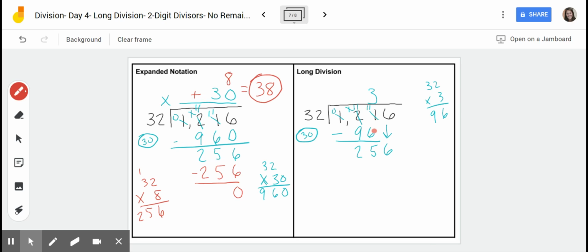And I know that 32 is 2 more than 30, so 8 would probably work. 32 times 8, I'll check. 2 times 8 is 16. 8 times 3 is 24, 25. 256 is a perfect match. So I know I can make 8 groups of 32, which is 256, and I subtract, I have nothing left. 38 is my answer.